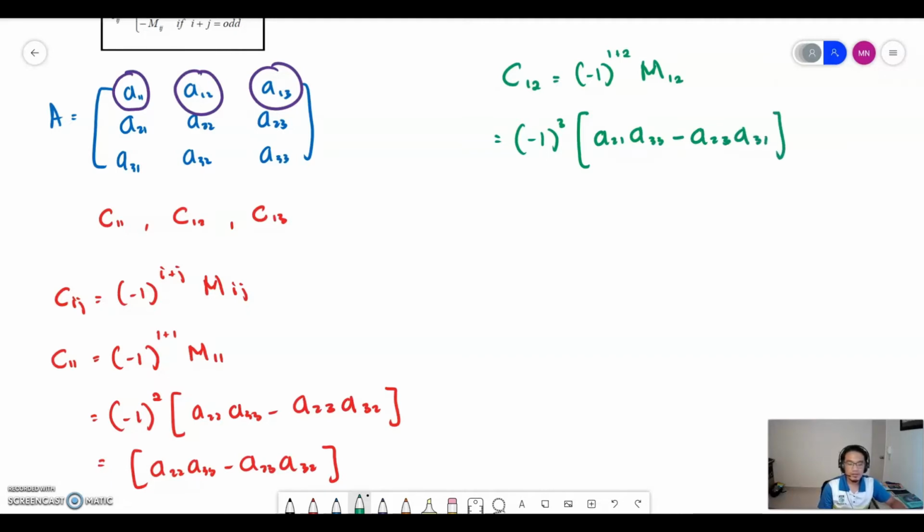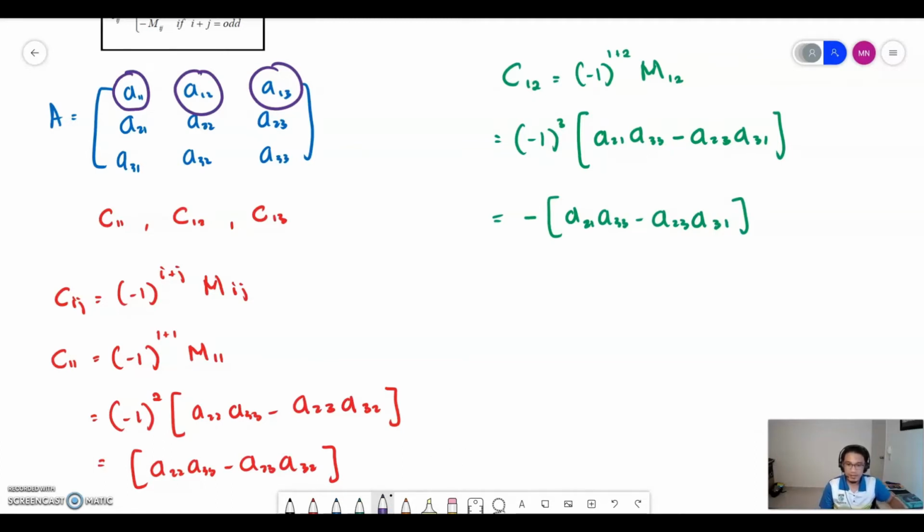Since we have negative 1 to the power of 3, it will stay as a negative number in front of the minor. Okay, so that is for cofactor 1, 2.